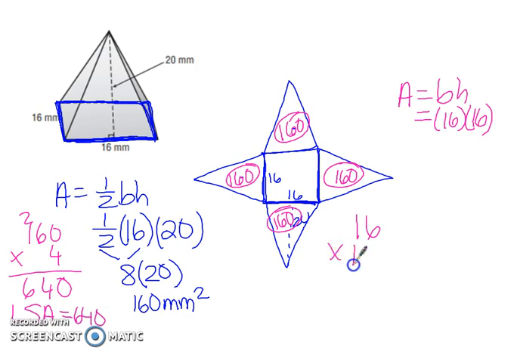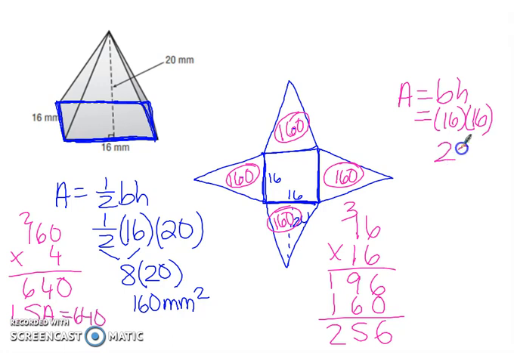So you need to multiply that out on your paper right now. So you can check yours with mine. I'm saying 256, and that should be millimeters squared. Okay, so that's the base.